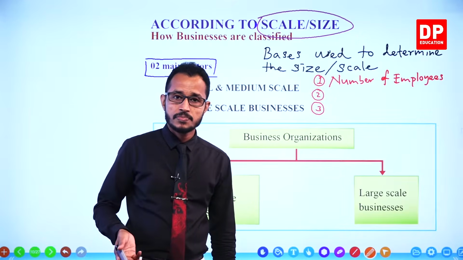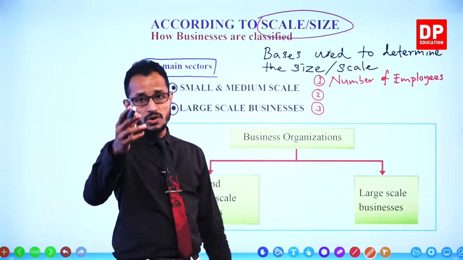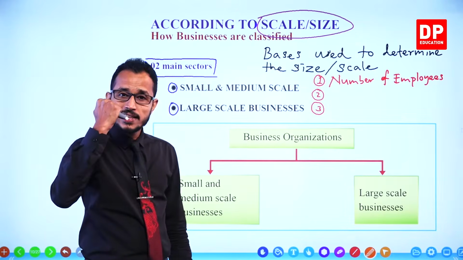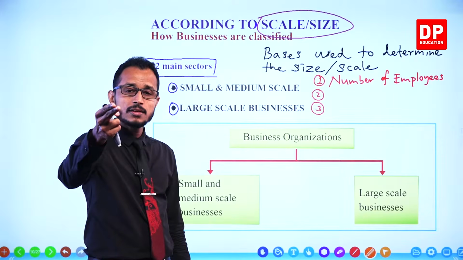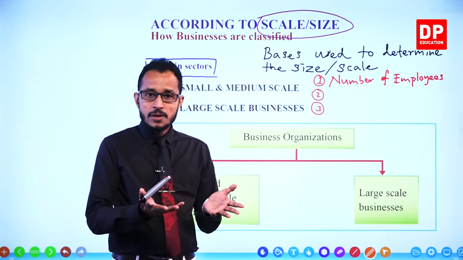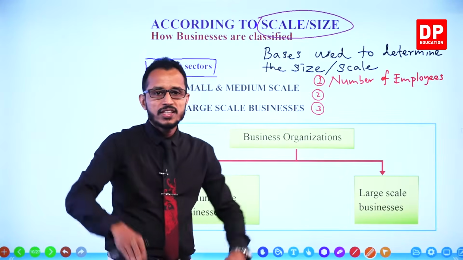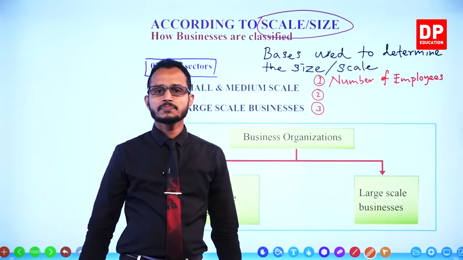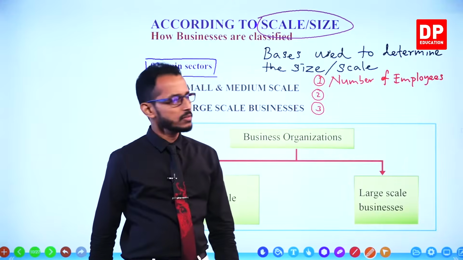Altogether, how many workers in your organization? You should look at that in a business organization to decide whether it's a small one or whether it's a large one. Simple, right?